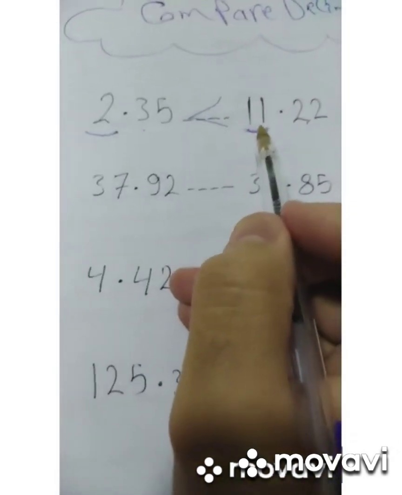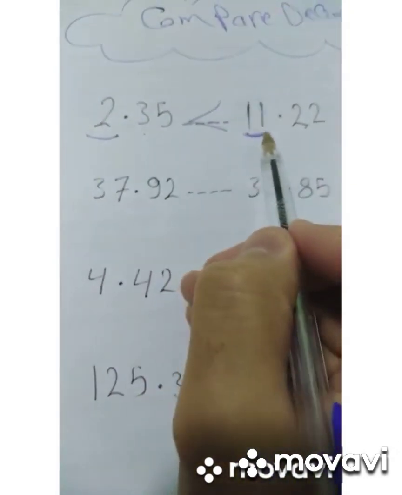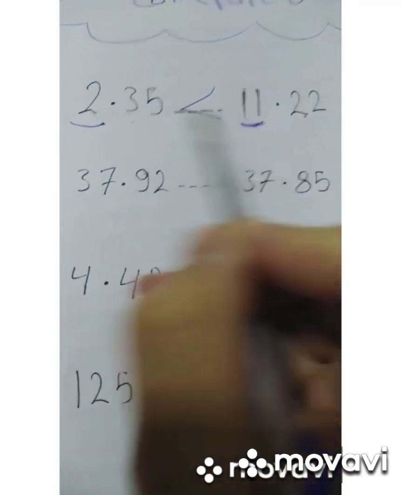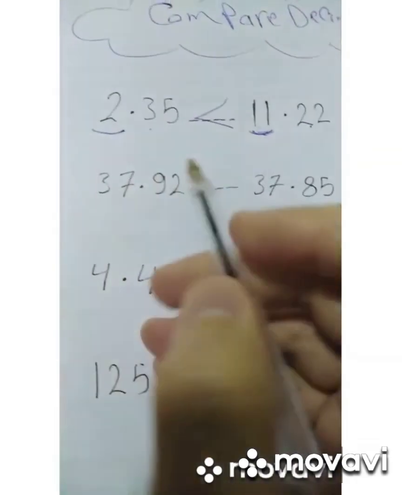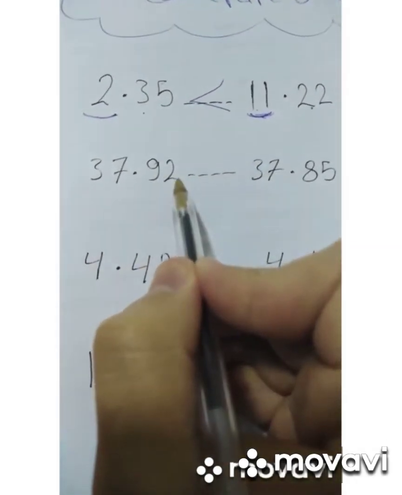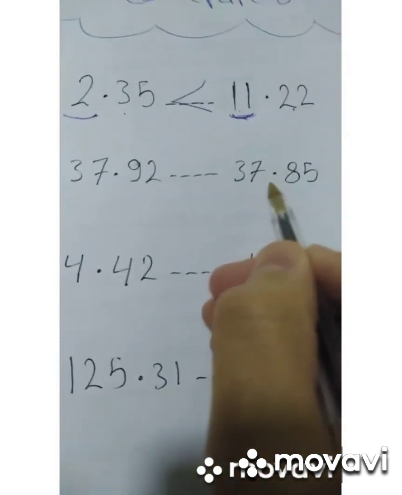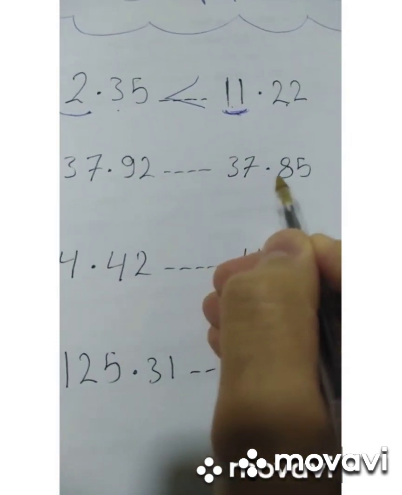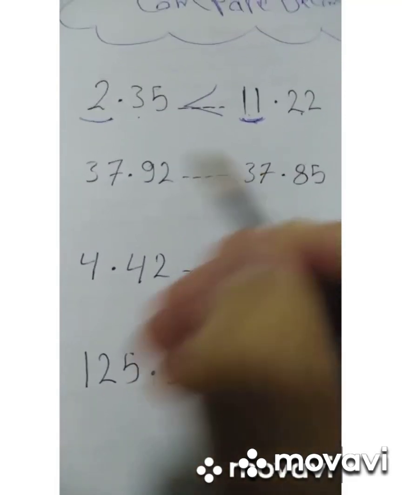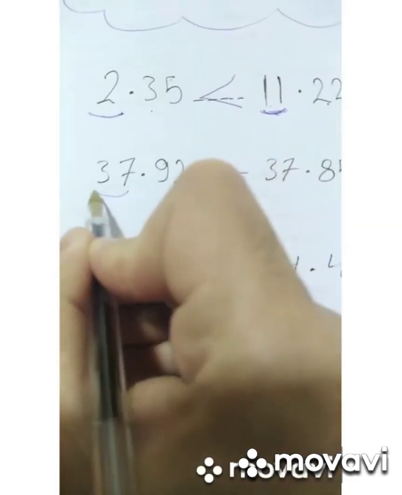Okay, then if we have in the two decimals, the two wholes are different, the decimal with greater whole is greater. Okay, the second example, we have 37 and 92 hundredths. The second decimal is 37 and 85 hundredths, and we want to compare. Okay, let's go to wholes. Whole in this decimal is what?